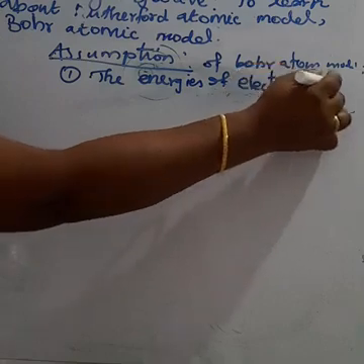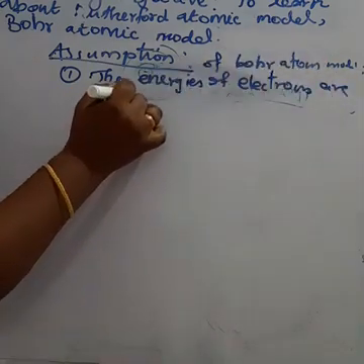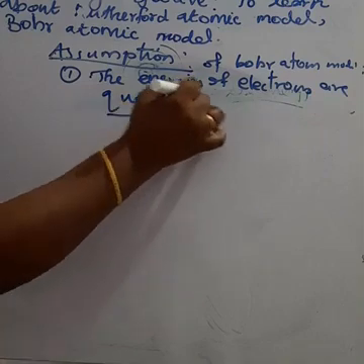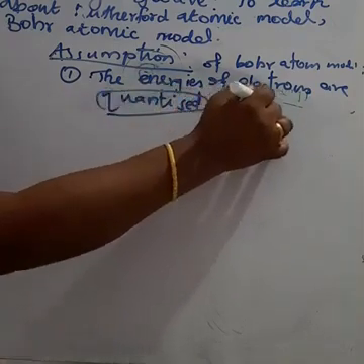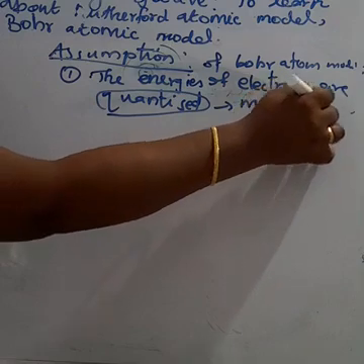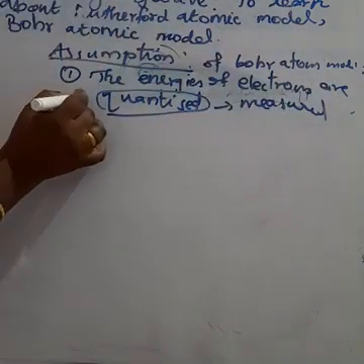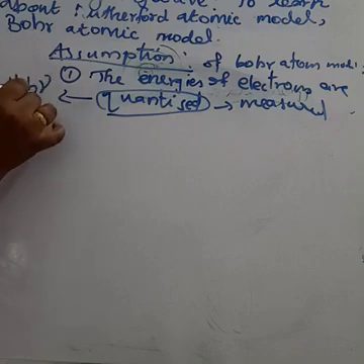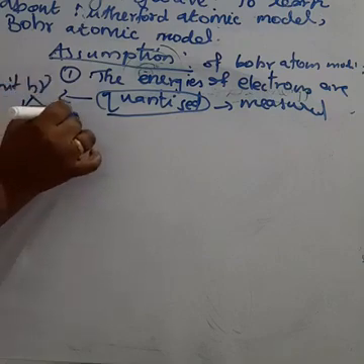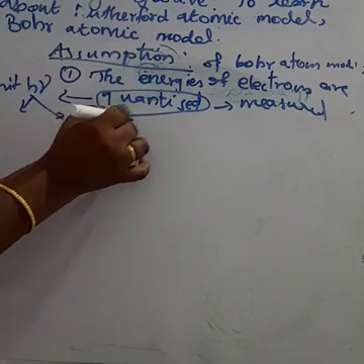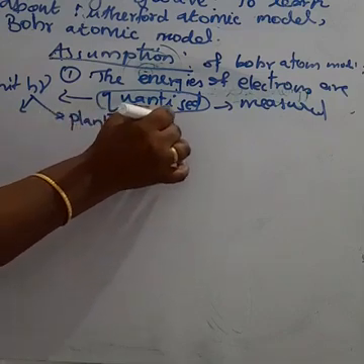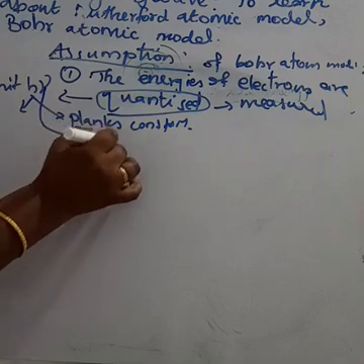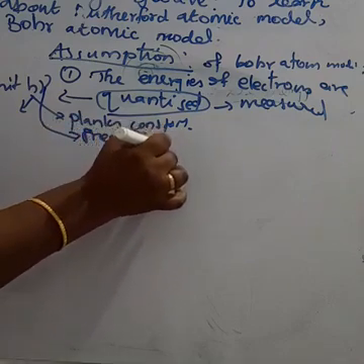What do you mean by quantized? The energy of electrons is measured in units of h nu. H means Planck's constant, you know. Nu means frequency of radiation. And what is the second assumption?